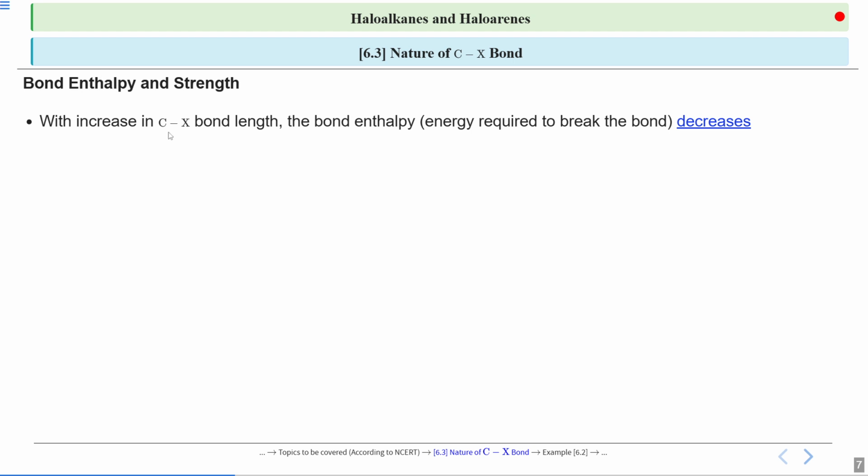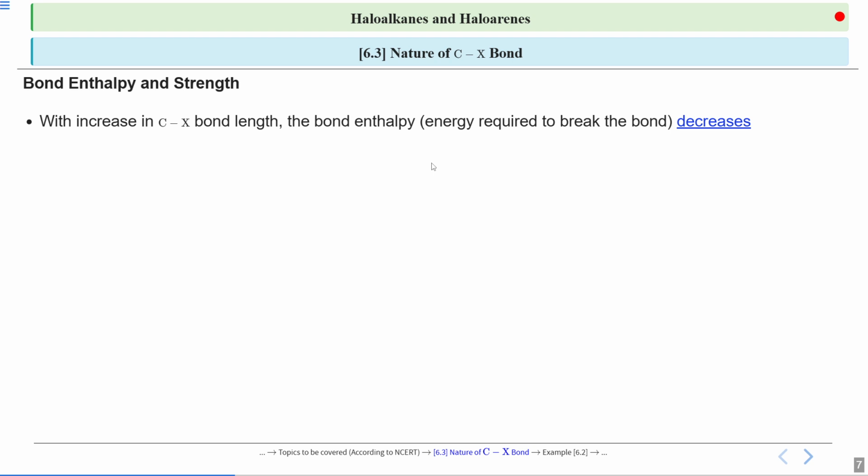So with the increase in carbon halogen bond length, the bond enthalpy, which is the energy required to break the bond between the two atoms, decreases. What we are saying is, as the bond length increases, the bond enthalpy decreases. That means the energy that you require to break the bond is decreasing. You require less and less energy to break the bond if the bond length is increasing.